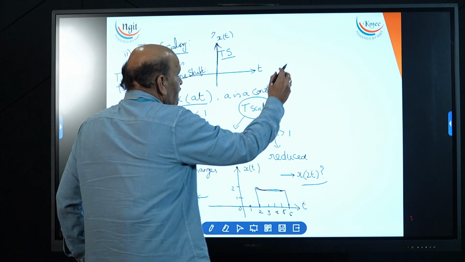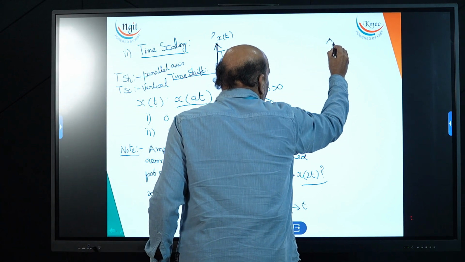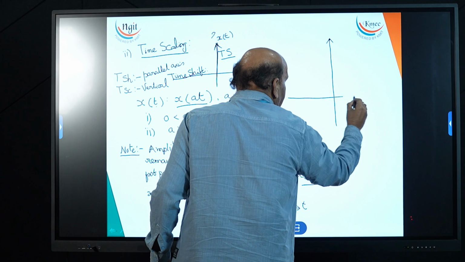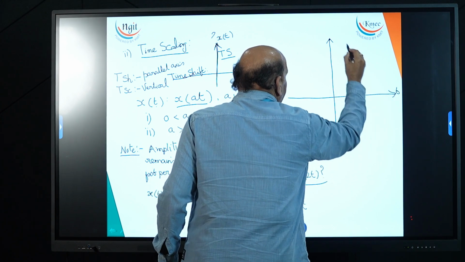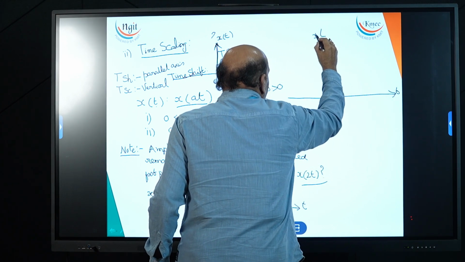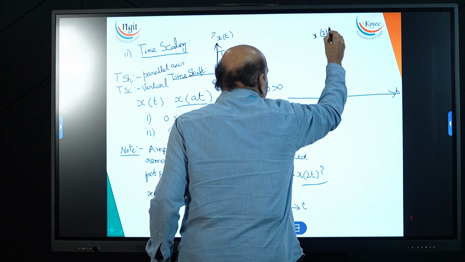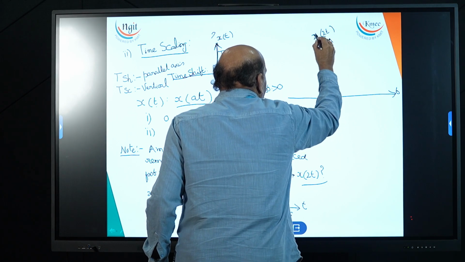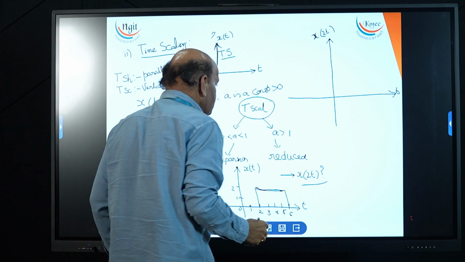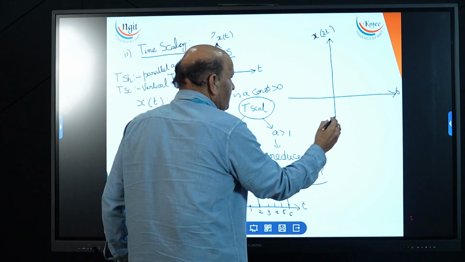Now you have to make a graph. This is the t domain, and this is x of 2t.